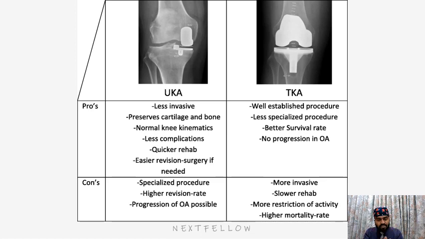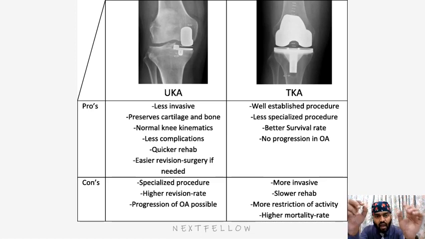The cons is it is more invasive. Trust me, it will be more invasive. The time to go ahead to rehab will be slow. There will be more restriction to activity, and also a total knee replacement being a big surgery, there are chances of high rates of mortality.